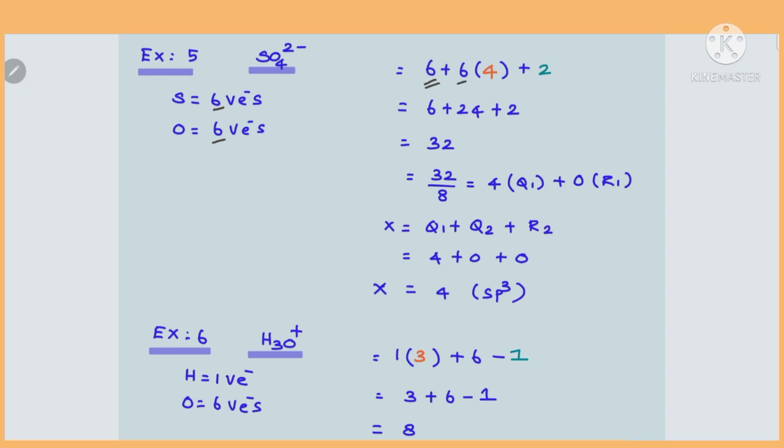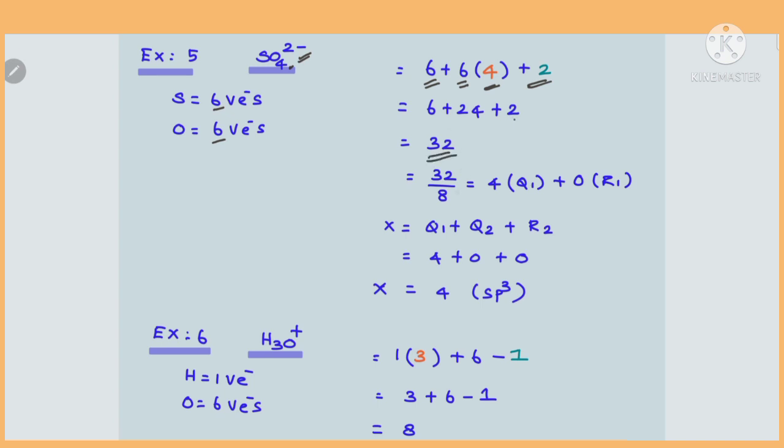Then oxygen valence electron 6 into 4, the number of oxygen atoms. Plus look at the net charge, 2 minus, so we are adding plus 2. In case of an anion, add a number of electrons equal to its charge, 2 minus, so I'm adding 2. So I get a total of 24 plus 6 plus 2, 32.